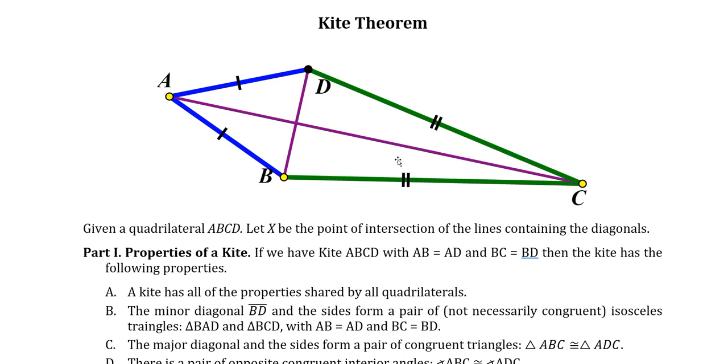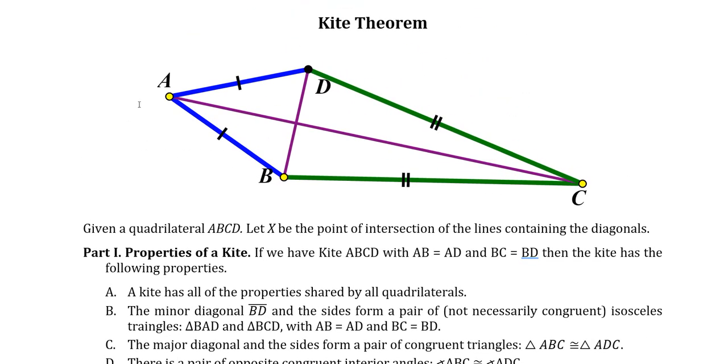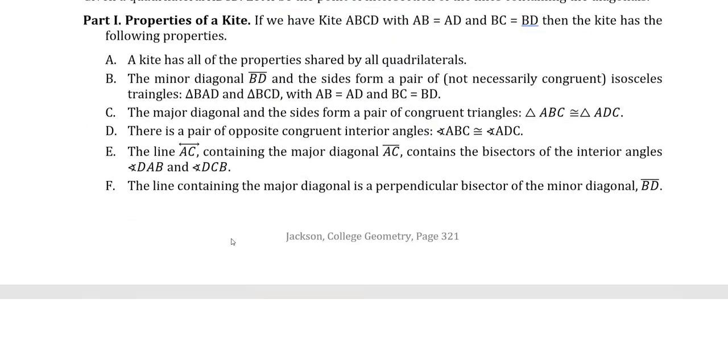These two over here are congruent right triangles as well: triangle CXD is congruent to triangle CXB. And once again, it has reflective symmetry about the line containing A and C. So those are properties that we have.